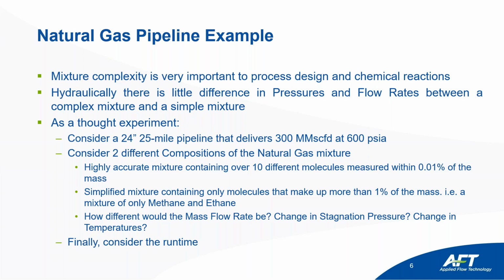We're going to consider two different compositions of the natural gas mixture, one being a highly accurate 10 different components within the mixture, and all these will be measured within 0.01% of the mass. And then we'll also be looking at a simplified mixture containing only the molecules that make up more than 1% of the mass, in our case, methane and ethane.